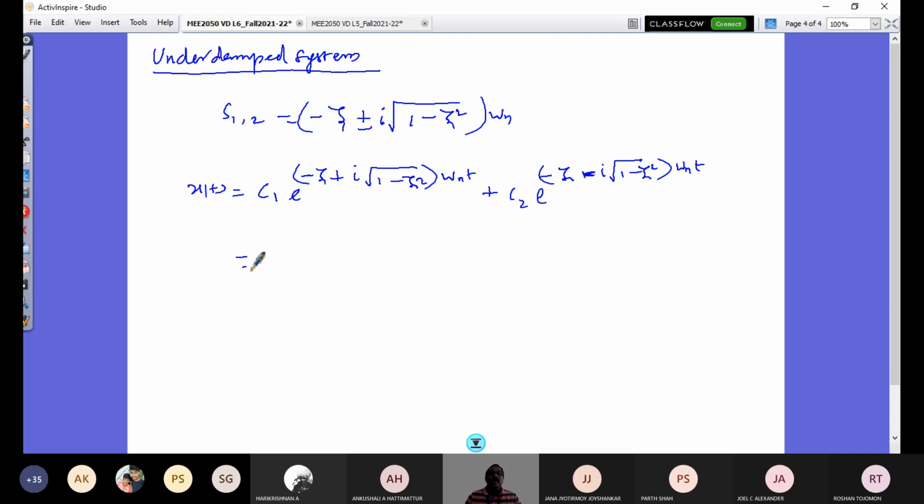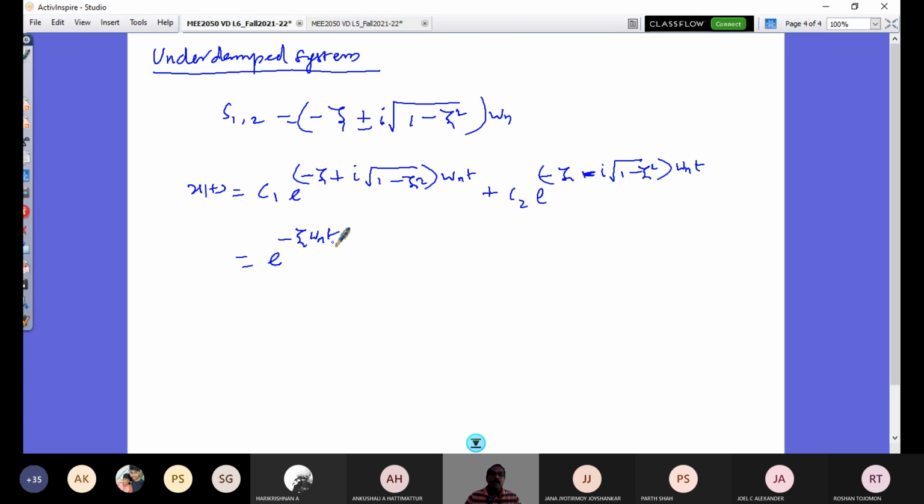So I can take the exponential real part out, e raised to minus zeta omega nt. If I take omega nt inside, it's minus zeta omega nt plus this term, and e raised to that, I can split as a product.